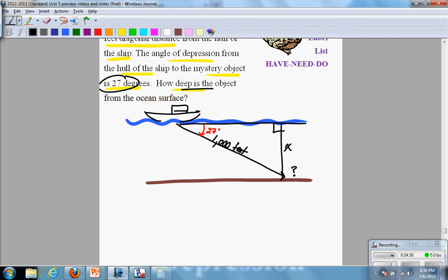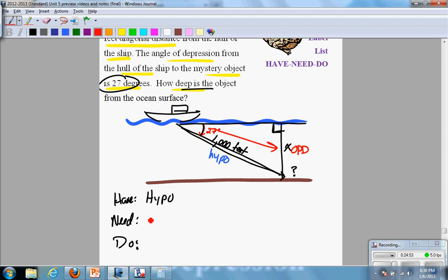Have, need, do. Okay, if this is our angle and this is our right angle, we have the hypo, which is 1,000. This is our hypo. We need the opposite.